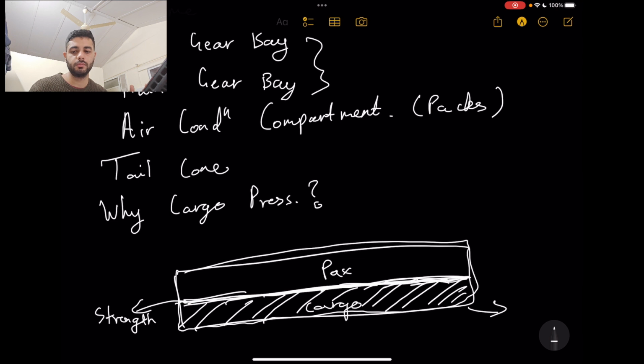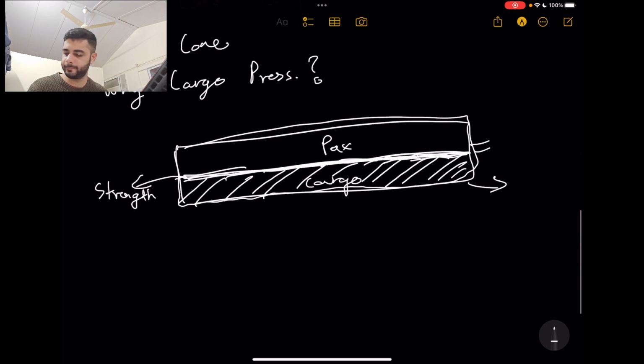With mass production of these aircraft, that's why the cargo compartment is also pressurized. So it's kind of about fuel consumption.